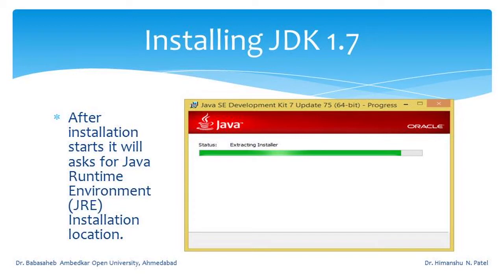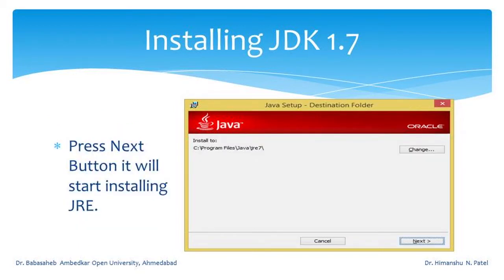runtime environment, which is also known as JRE, where you have to specify the path for Java Runtime Environment. Here also you can change the installation path for Java Runtime Environment. Once it is set, or you want to use the default path, then you have to press the next button and it will start installing JRE.